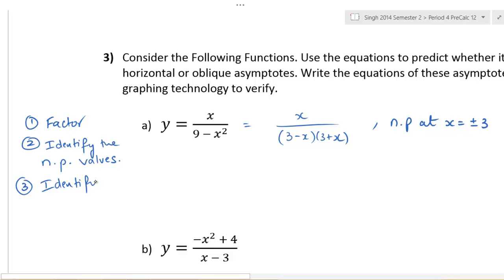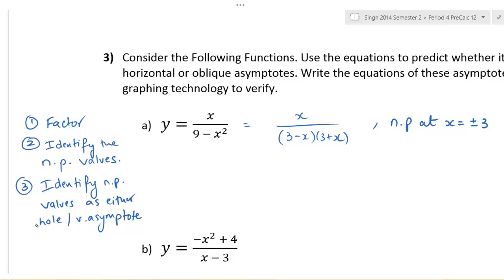Third step is identify non-permissible values as either hole or vertical asymptote. Again, we're going to do that by looking for common factors. In this particular example, we do not have any common factors, so what can we say about the non-permissible values?